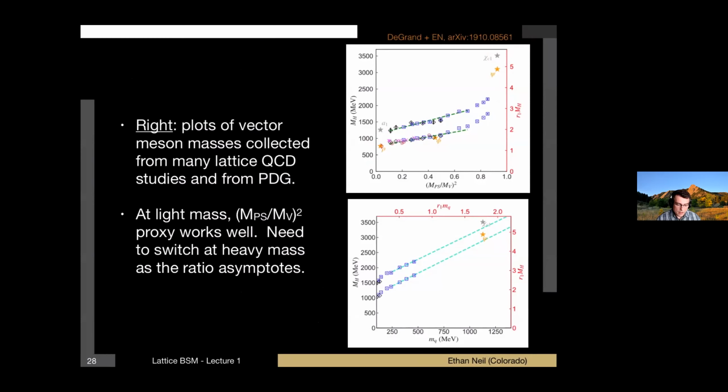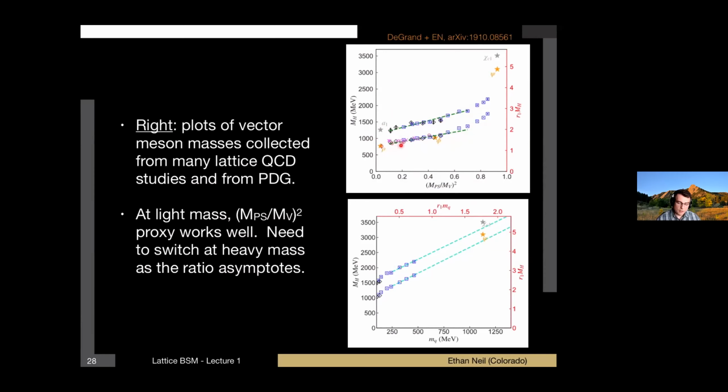What you can see is that these are vector and axial vector hadron masses, and if I look at them as a function of this proxy for the quark mass, m pi squared over m rho squared, I get a reasonably smooth curve and basically linear dependence, as I would expect, as long as I don't go too heavy in the quark mass.